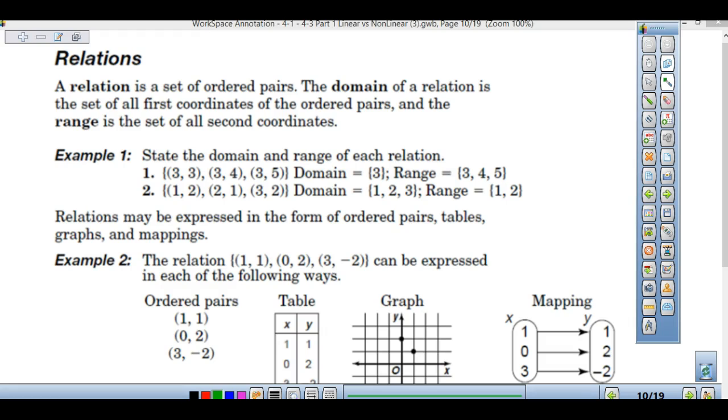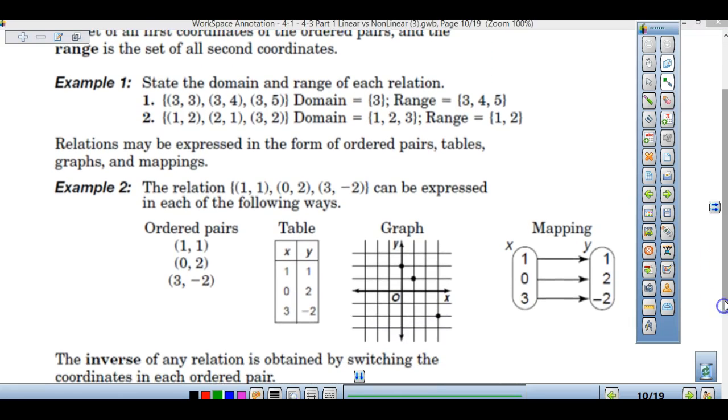We always look at the input. We've got 1, 1, and 2.